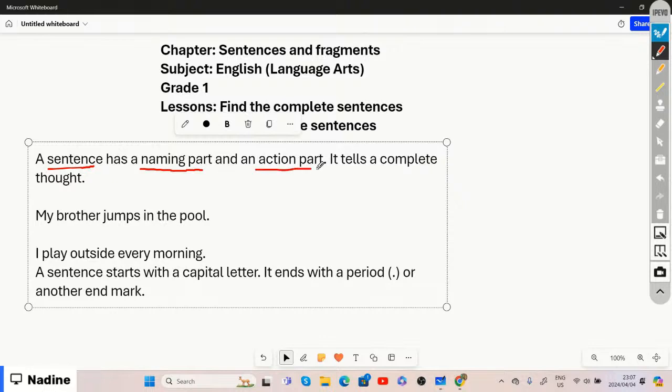The action part is something that the person or thing is doing.